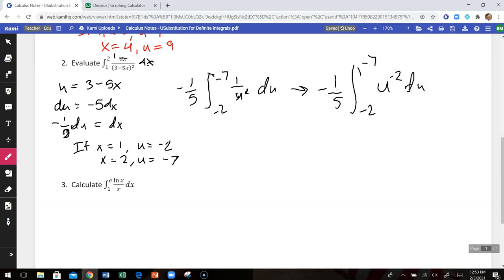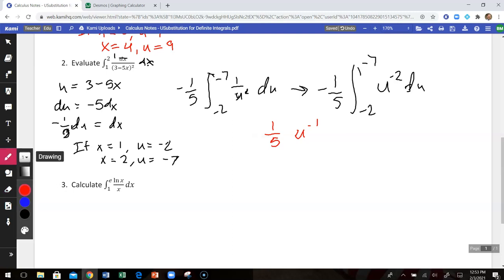And I'm going to evaluate that. The negative 1/5 will stay. And then we have u, we're going to add 1 to the exponent to get negative first. And then we're going to divide by that new exponent, which would be dividing by negative 1, which means that negative 1/5 is simply going to become a positive 1/5.